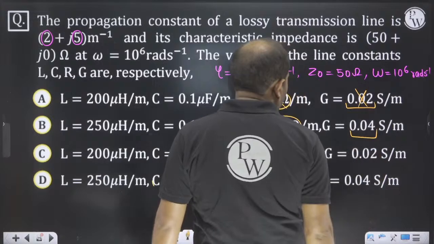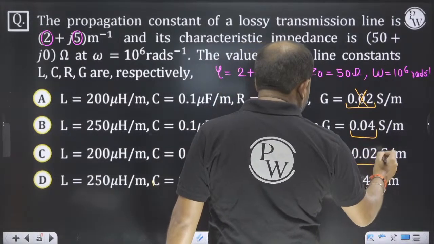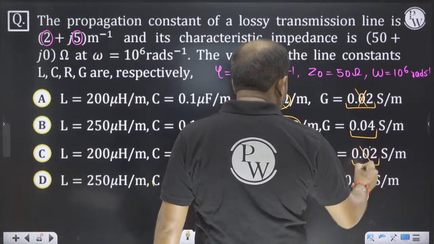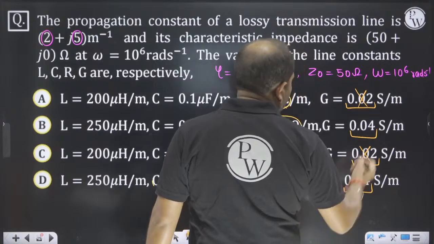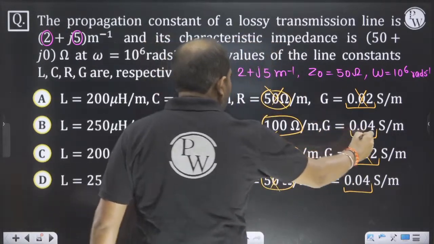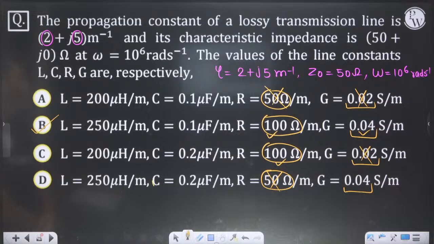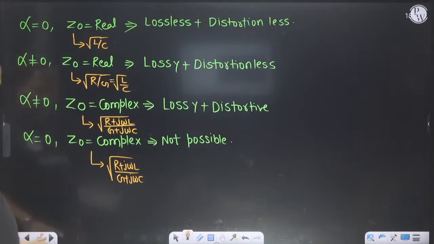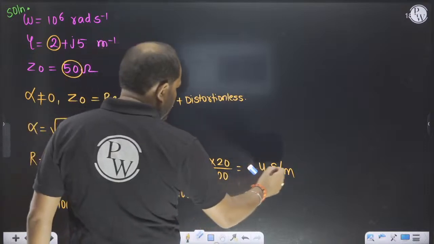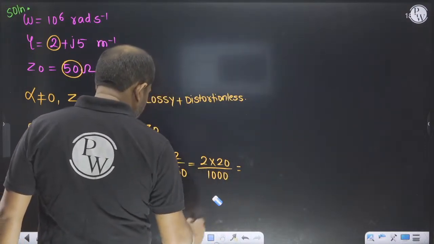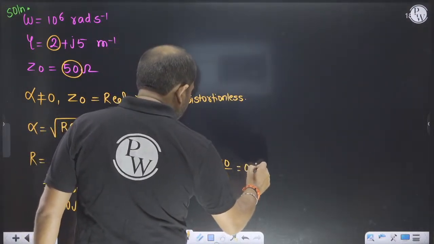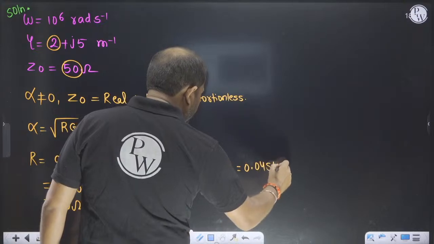R is 0.04, correct. So our answer will be B, 0.04 Siemens per meter.